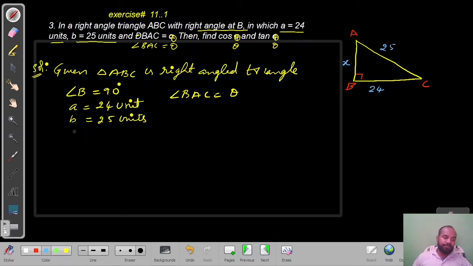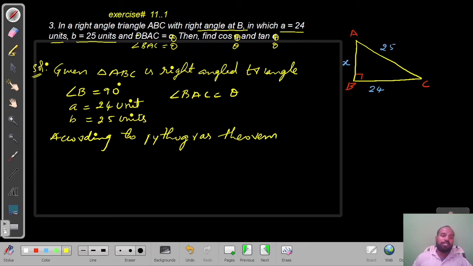Now see here. According to Pythagoras theorem, what do we know?